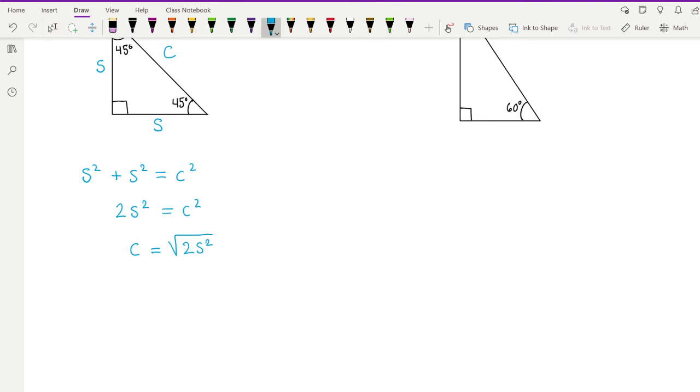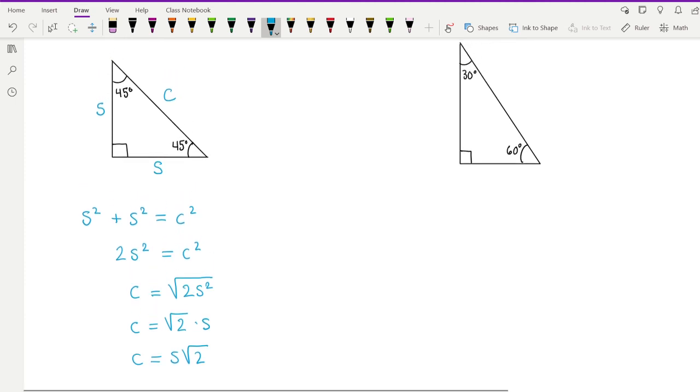And so the square root of 2 times S squared, we can simplify as the square root of 2 times S, which we earlier wrote instead as S times the square root of 2, but it's the same thing. So really this relationship I told you at the top of the page comes straight from the Pythagorean theorem. It just comes from the fact that these two sides are the same, and then we can find the third side using the Pythagorean theorem.